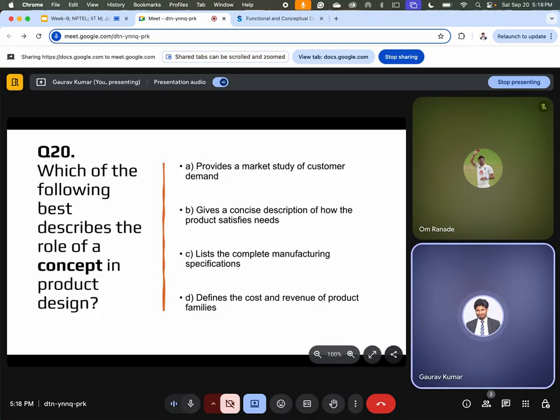Unlike manufacturing specifications or cost studies, concepts focus on functional intent and user satisfaction. They serve as the foundation on which detailed design and engineering decisions are built. Therefore, the concept is the essential bridge between customer needs and design execution, guiding the product's journey from idea to realization.